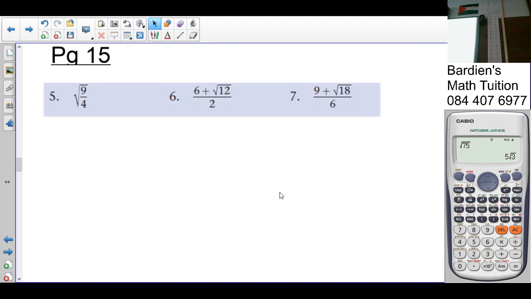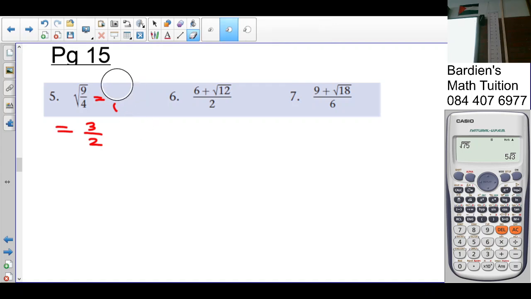Square root of 9 over 4. Square root of 9 is 3. Square root of 4 is 2. Or if you wanted, you could have written square root of 9 over square root of 4 and then get 3 over 2. Okay, it's the same thing.